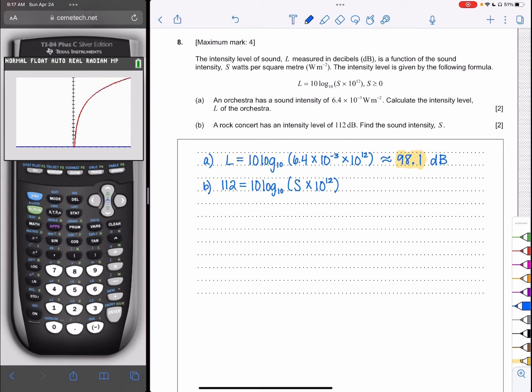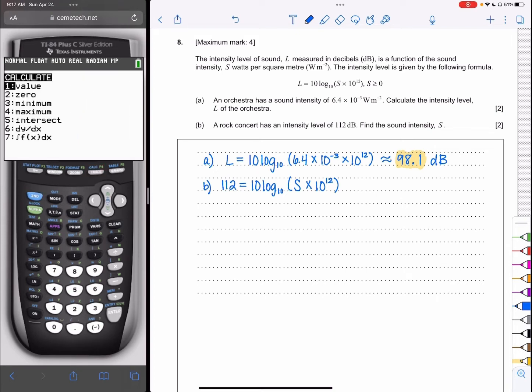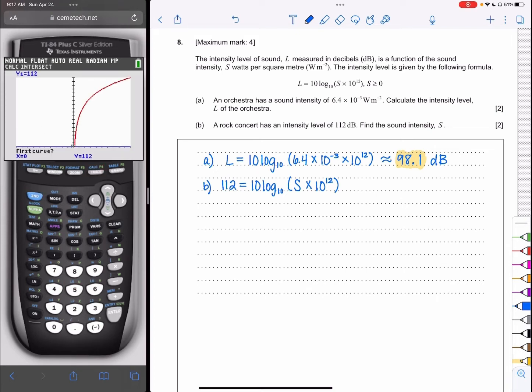So I can see that they cross somewhere near the bottom, so I'm going to press second trace and go to number 5, intersect, and I'm going to get as close to that intersection as possible. So I'm going to be somewhere like here, and I'm going to press enter 3 times, and I end up getting that my intersection is 0.158 in 3 sig figs.